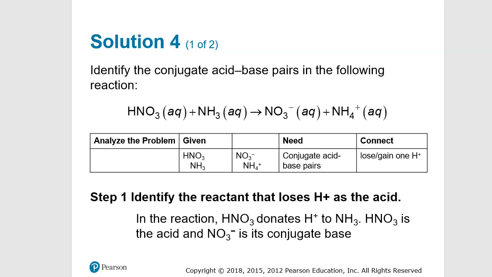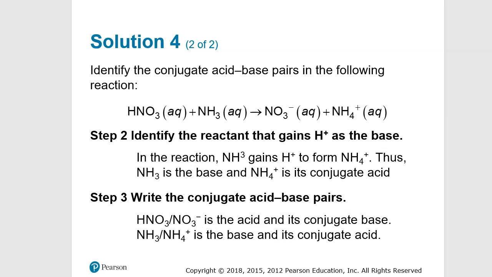But in the reaction, what's the proton donor? What's the hydrogen ion donor? I keep saying proton. Okay, it's nitric acid, and it donates it to ammonia. Nitric acid is the acid, and nitrate is its conjugate base. And then similarly for ammonia, NH3, I missed that one, it should be NH subscript 3. That gains a hydrogen ion to form NH4 plus. Thus, NH3 is the base, and NH4 plus is its conjugate acid.